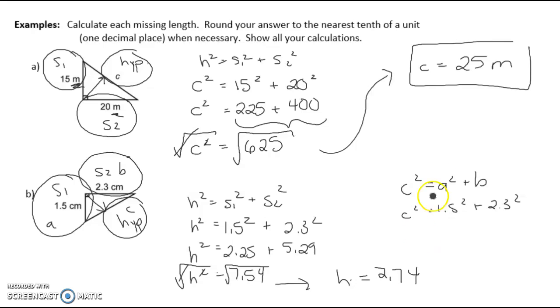Okay, round to the nearest tenth, so that's right here. Because the 4 is less than 5, we can just keep it as 2.7, and we're dealing with centimeters.